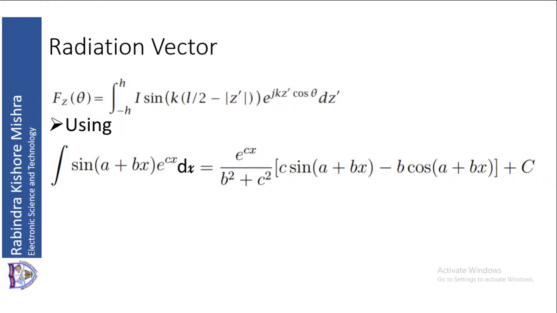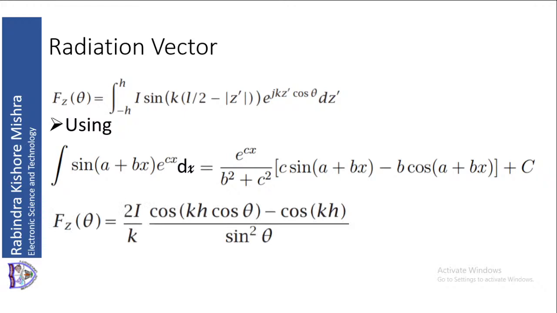This you get from the integration table. You have to remember this integration. Otherwise, you have to go for numerical integration. Using these values of a, b, and c, where a is equal to k L by 2, b is equal to k, and c is equal to j k cos theta.